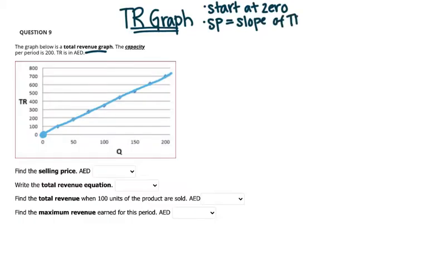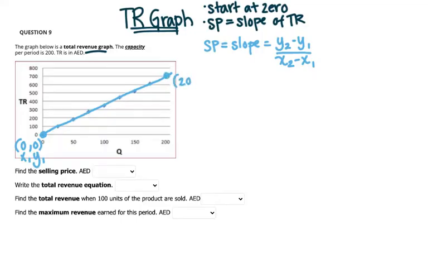So let's look at what they're asking us. They said to find the selling price. So we'll find the slope. The formula for slope is the change in y divided by the change in x, y2 minus y1, divided by x2 minus x1. We get those points from the endpoints. I'll label this here.